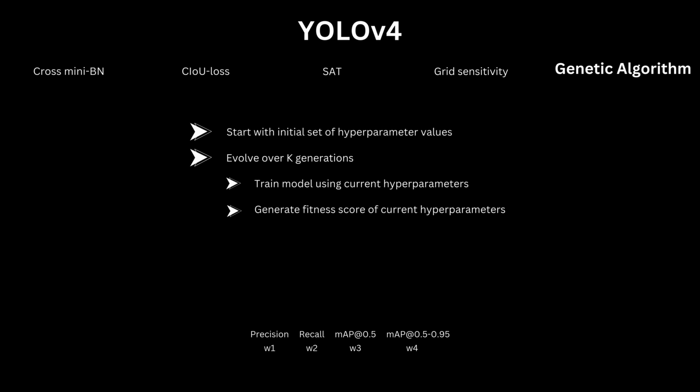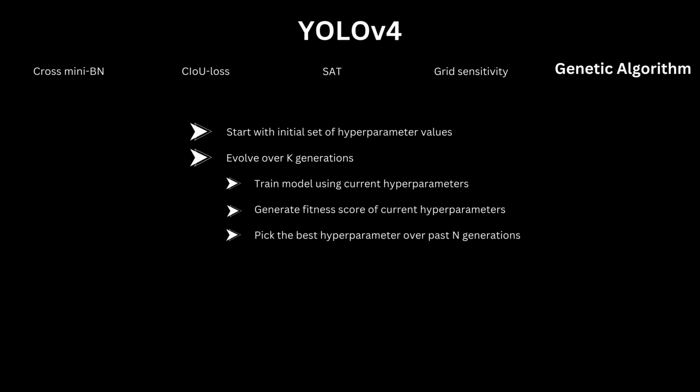We define weight values for each of these metrics, and then the fitness score is just the weighted sum of the values corresponding to these metrics. Once we have this score computed for past training iterations, then we randomly pick one of the top performing hyperparameter choices based on this fitness score. We can either pick a random choice from say top n hyperparameter settings or a weighted combination of top n settings, where the fitness scores are used to decide the weights.